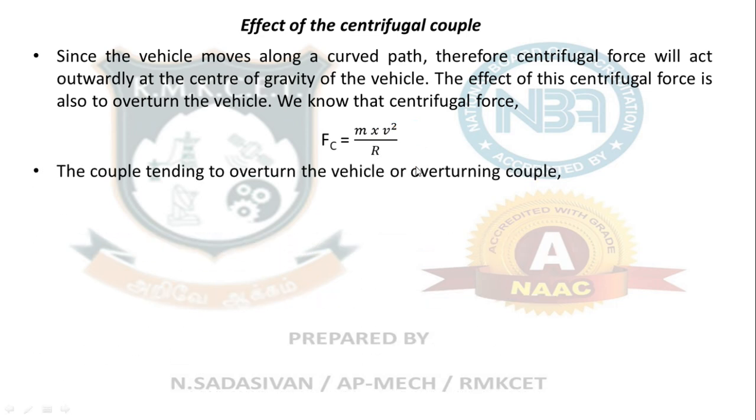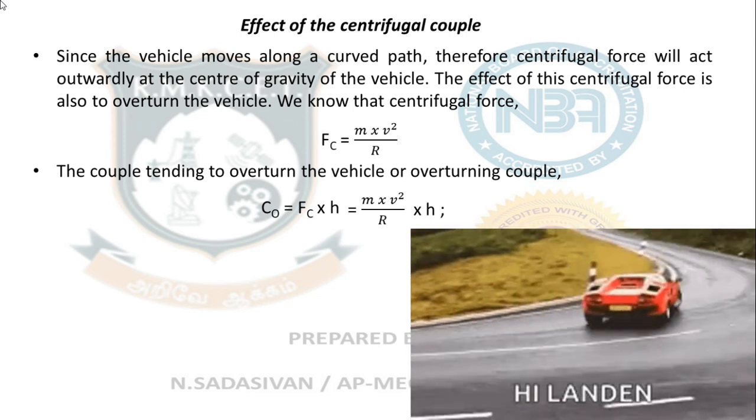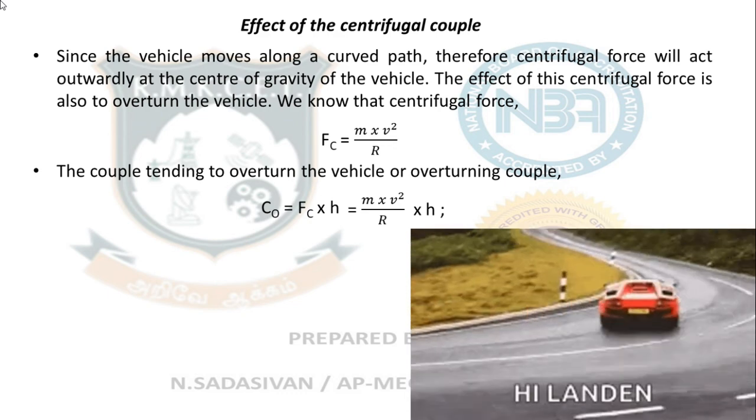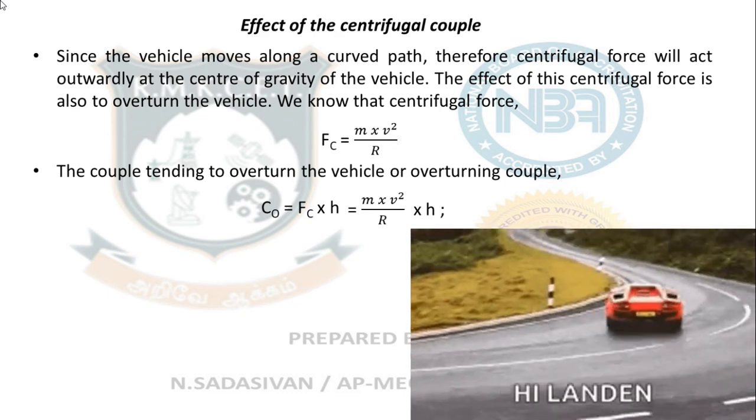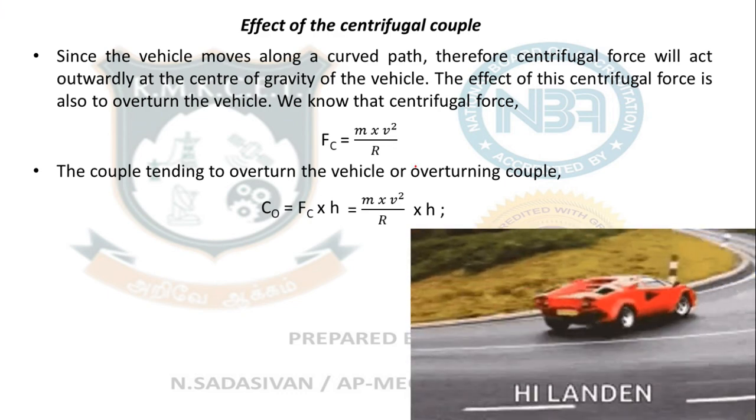The couple tending to overturn the vehicle is the centrifugal force multiplied by the height of the center of gravity from the floor. That centrifugal force pointing outwards will try to pull your car. Look at this. When you are taking a turn very fast, your car will tend to roll to the outside, opposite to the previous case.